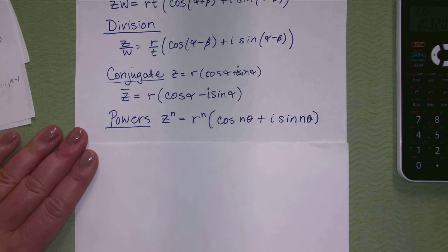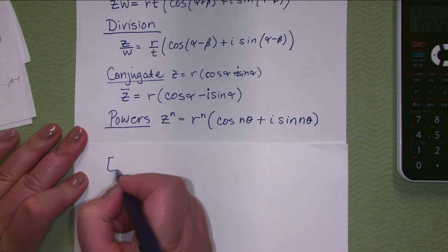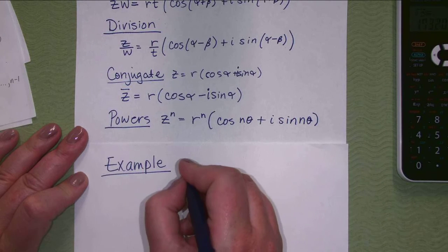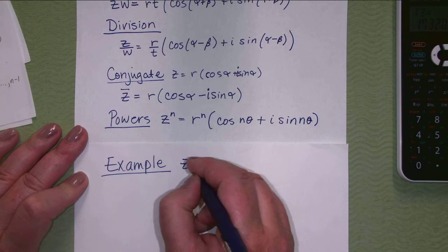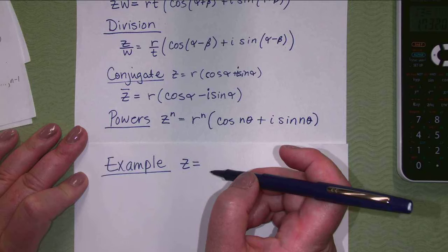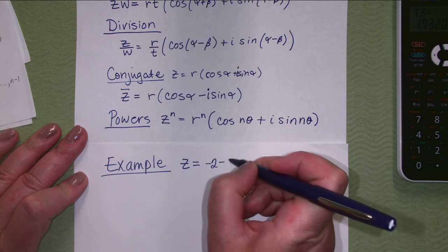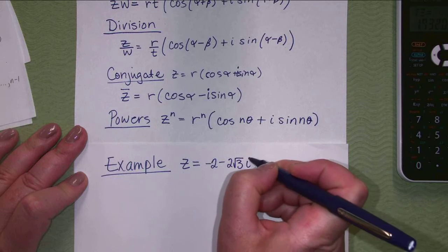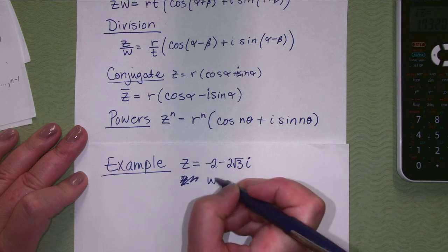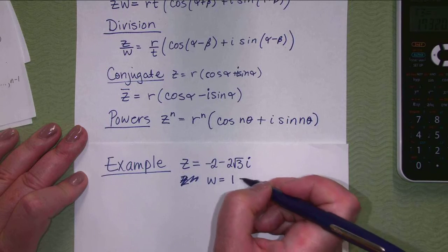Okay, so let's do an example. So we'll just give two different complex numbers that are easy to convert to polar form. So let's say Z is minus 2 minus 2 root 3i, and W is 4 minus 4i.